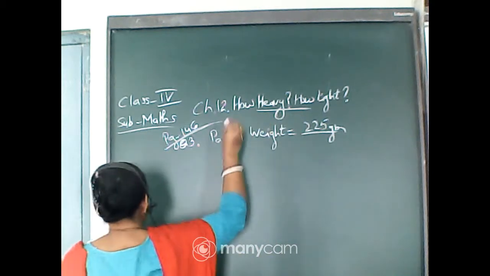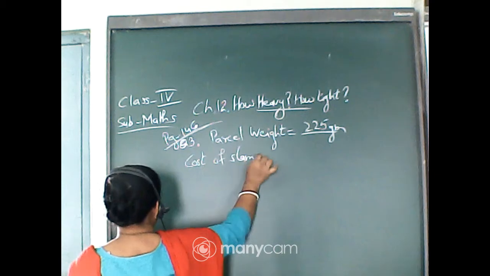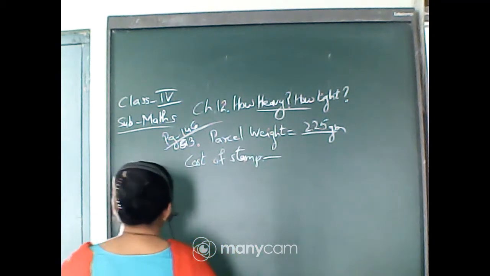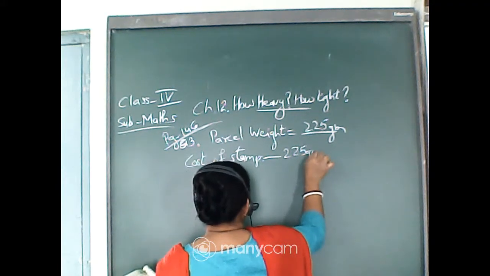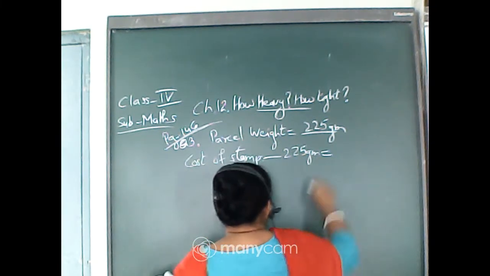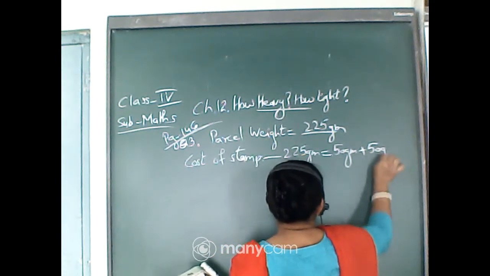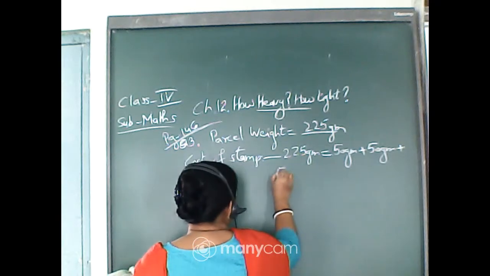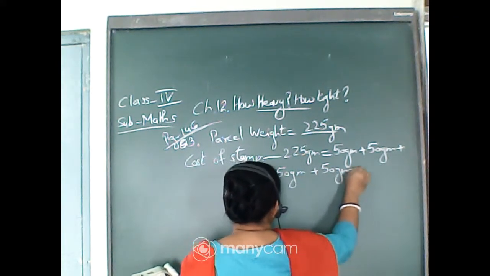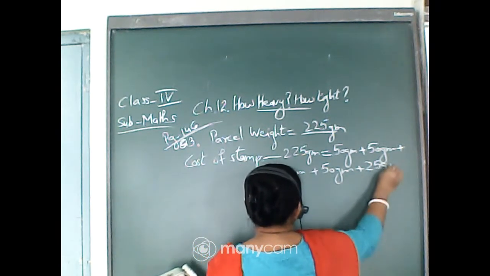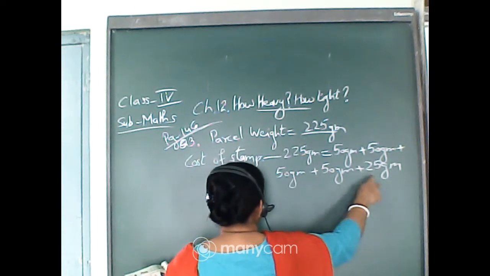Now the cost of the stamp you have to find out. The same thing you will do as we have done for question number 2. That means this 225 gram is to be split. 50 gram plus 50 gram plus 50 gram plus 50 gram plus 25 gram, isn't it? 50 plus 50, 100, then 50, 150, 200, 225.